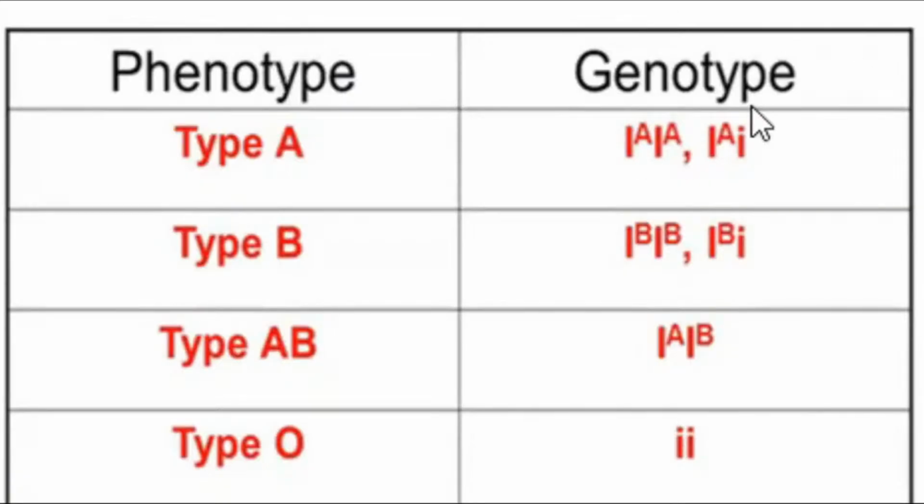And then the genotype is the composition of that blood group A. Is it homozygous or heterozygous? That is what is called the genotype. You are describing your blood group in terms of genes, the kind of genes you have.